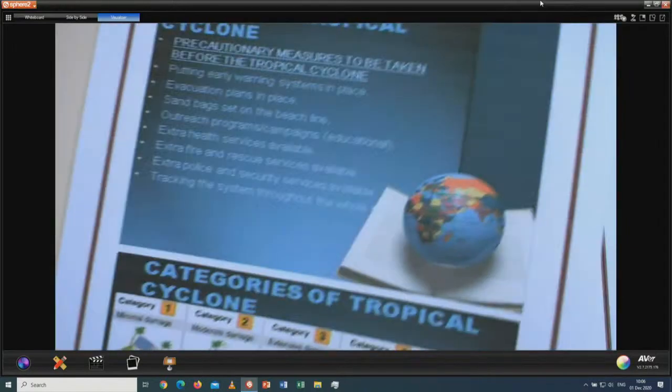So now we go to the precautionary measures to be taken before the tropical cyclone. Without any waste of time, these are the precautionary measures.